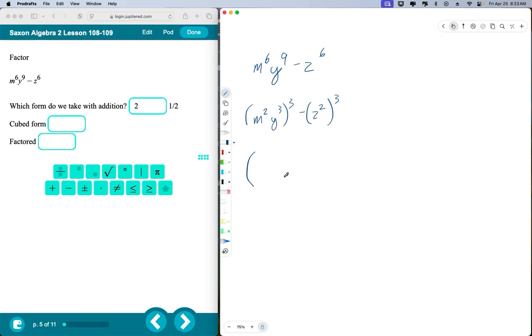So that minus sign lives here: m^2y^3 minus z^2. Now everything else is plus because we've already used our minus sign. So that's going to be m^4y^6 plus m^2y^3z^2 plus z^4. Easy peasy. Next.